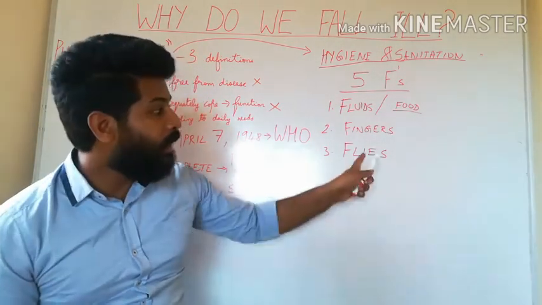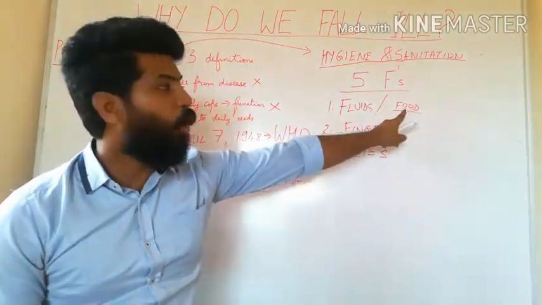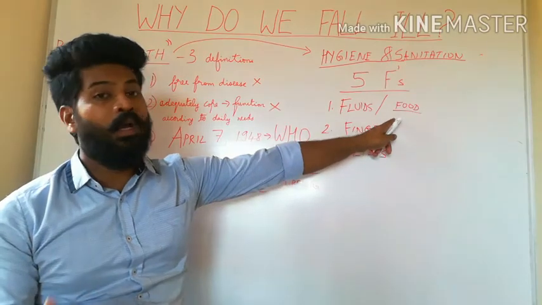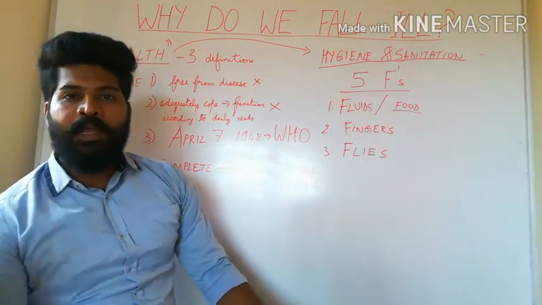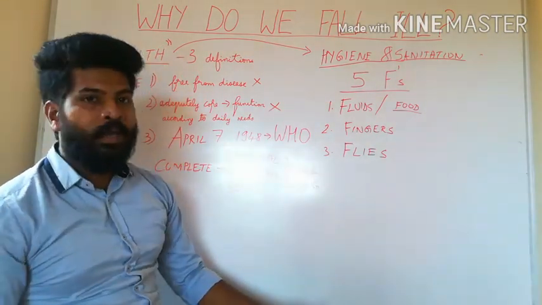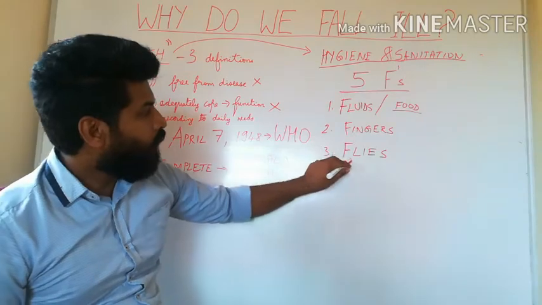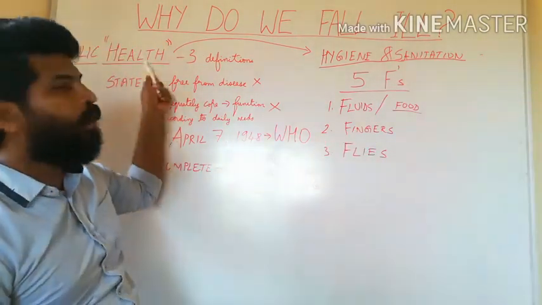These houseflies can in turn come and sit on the water bodies or on your food. For example, houseflies, mosquitoes. In this monsoon season, mosquitoes can cause a variety of diseases like malaria, dengue, chikungunya, etc. So control over the flies is important to maintain public health.